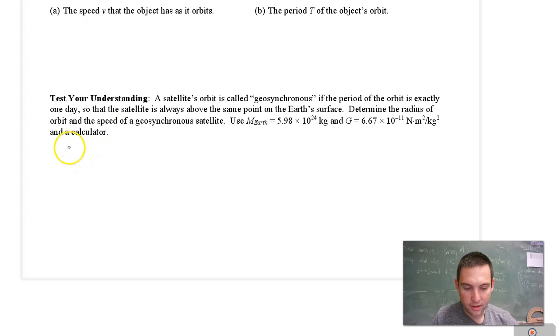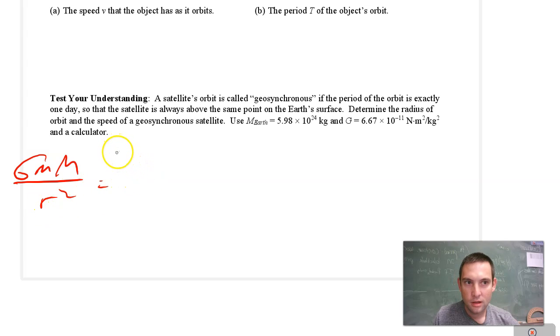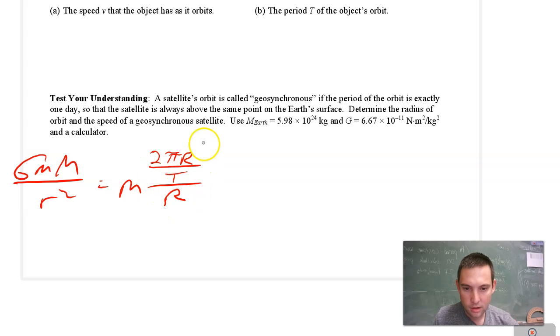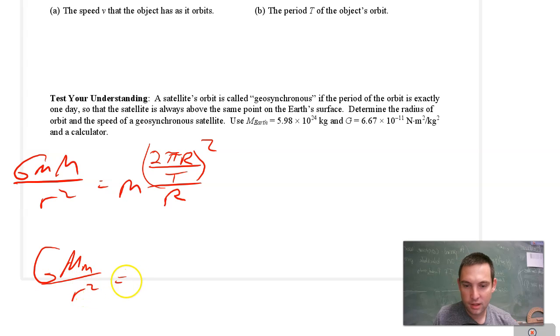I'm going to rewrite that equation that we just got from over there, which was GMm over r squared equals mass times 2 pi r over T over r, and all of this stuff in the numerator is squared. So that's going to give me GMm over r squared equals m times 4 pi r squared over T squared divided by r.